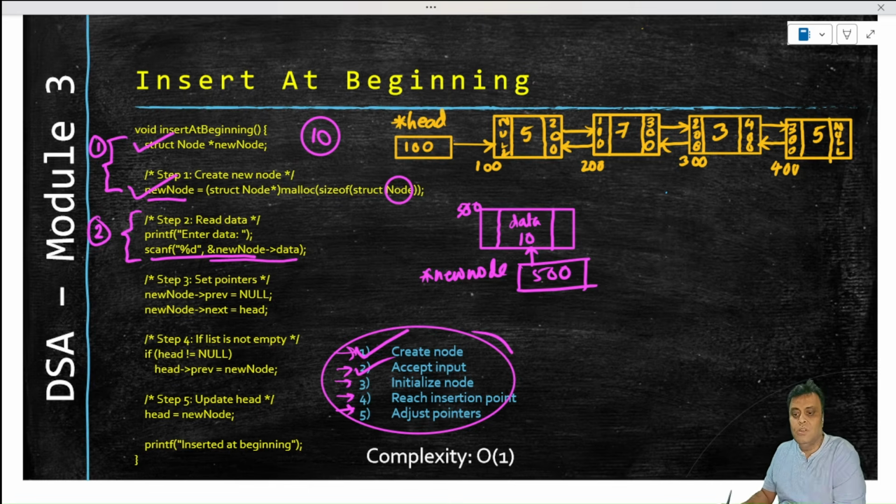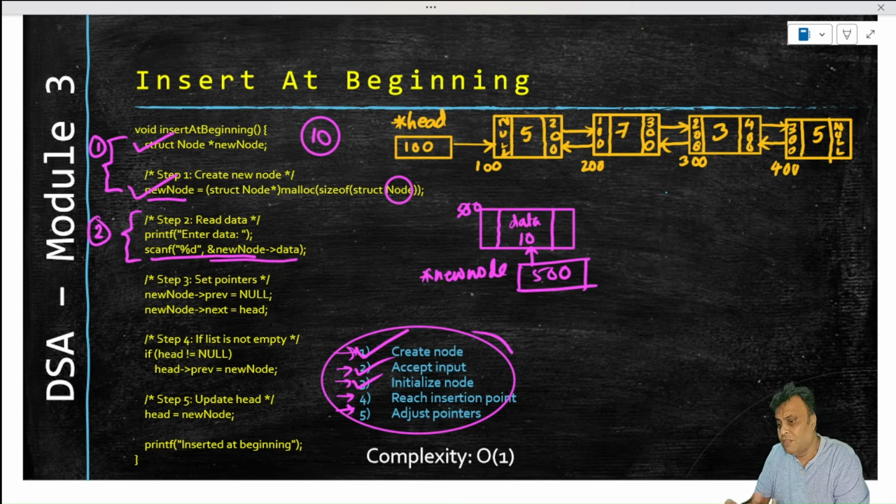Next, what do we do? Next, we are saying initialize the node. When I say initialize the node, it means: can this node, without seeing left and right, based on the logic that we are trying to do, assume certain values for the next and the previous, any one of them or both of them?